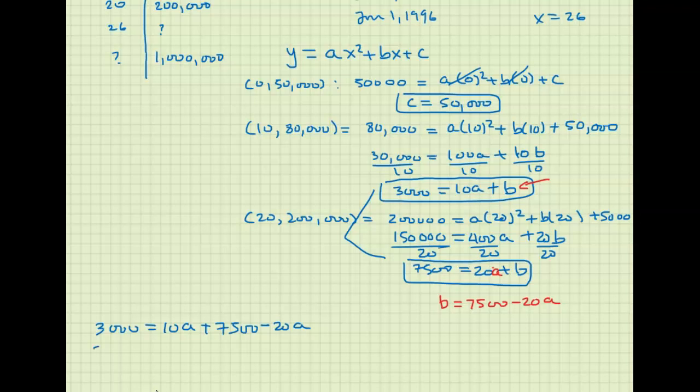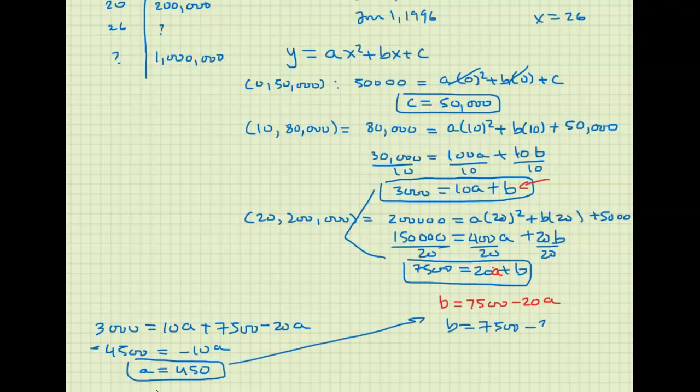Let's subtract 7,500, so we have negative 4,500 equals negative 10a. So divided by negative 10, a is going to be 450. Right? Plug back into here. b is going to be 7,500 minus 20 times 450, which is negative 1,500.